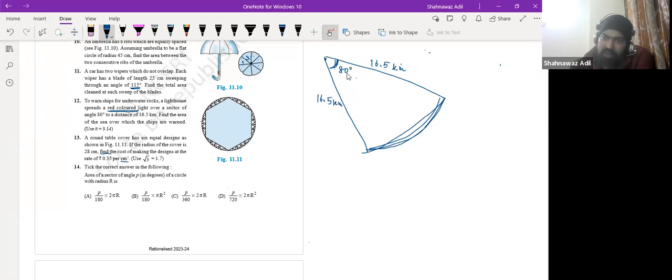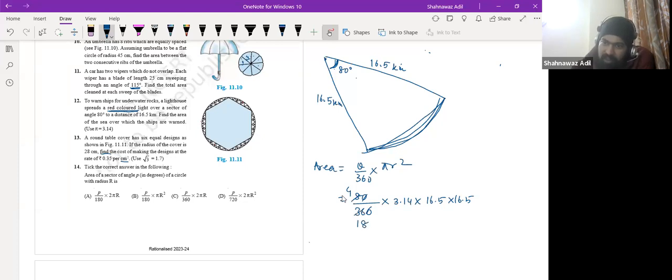Then we have to calculate the area of this sector, right? So area is theta by 360 times pi r square. Theta is 80, 360, 3.14, and r is 16.5. Right, so this zero cancels. This is 4, and this is 18, and then this is 2, this is 9.